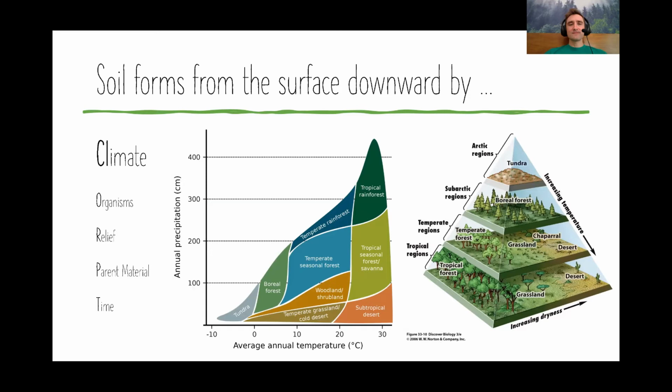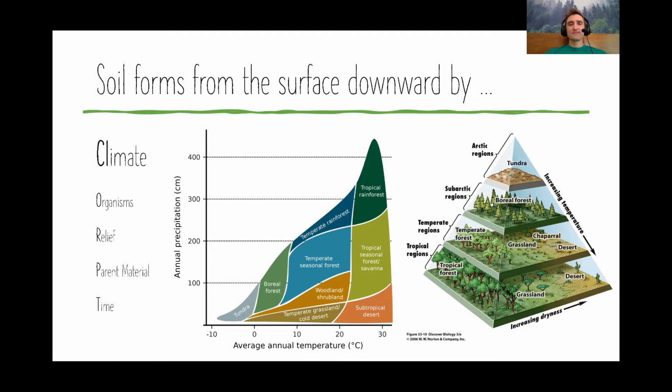Here's a chart that shows average annual temperature on the x-axis and annual precipitation on the y-axis. It's in metric units. Notice that if you go all the way to the extremes in temperature and precipitation, you're in the tropical rainforest. If you are all the way in the low temperatures and low precipitation, you're in the polar tundra, the Arctic regions.